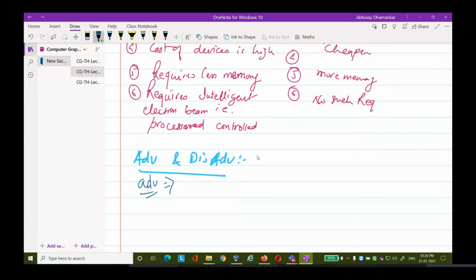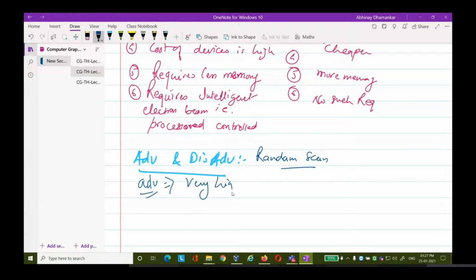Advantage and disadvantage of random scan, especially the advantage part: it is very high resolution. I can't get proper handwriting on this.